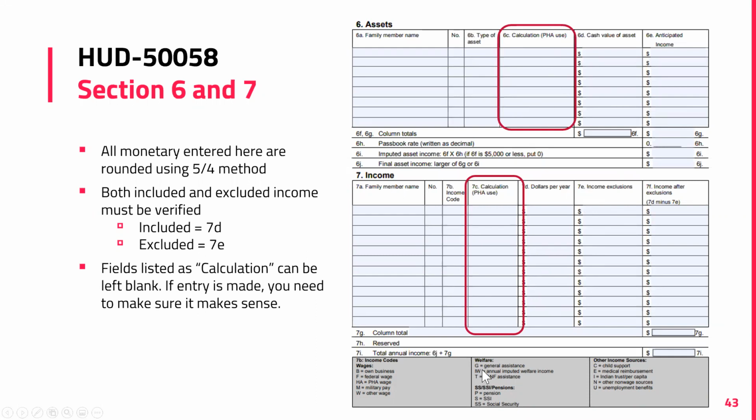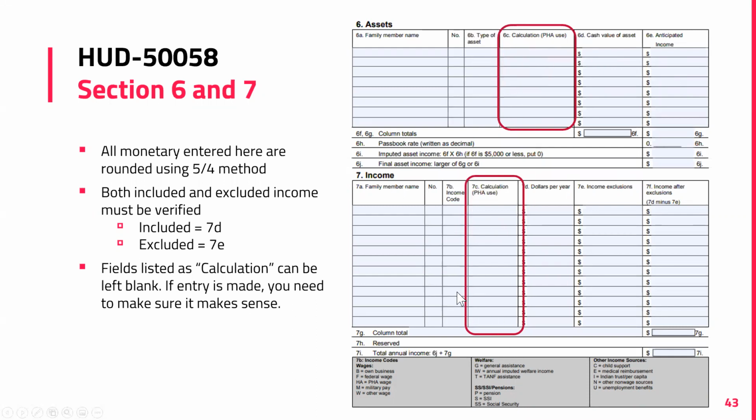Now, the field listed as calculation, this is where you see things like, if the verification of employment showed that they got $3,000 per month, you might see that they do 3,000 multiplied by 12 in these boxes, or if they are calculating an interest rate for the savings account, they can use this box right here for calculation.